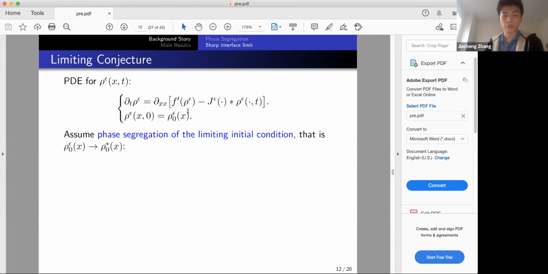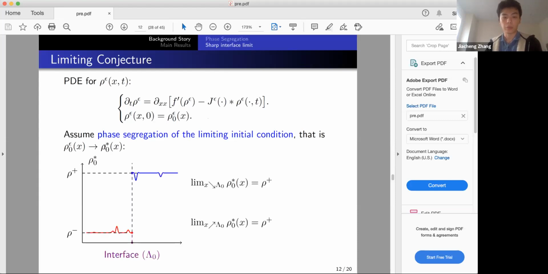That is, we assume the initial condition rho 0 epsilon of rho epsilon will converge to some rho naught star, such that at this A material, it converges to rho plus, and at this B material, oh sorry, there's a typo here, it should be rho minus here. So basically we force the limiting initial condition to have a jump from rho minus to rho plus at this interface.